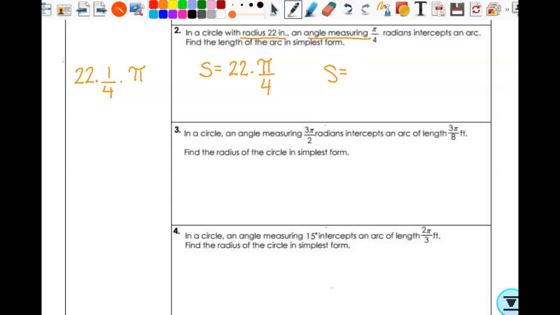You get 11 halves, correct? If you just write 11 halves, you are wrong. It has to be 11 pi over 2. You got to put that guy back in, okay? But I would say, especially on this one, it's easier just to do it. You're not having to waste time to push buttons and whatnot, okay? We good? Any questions? Okay.